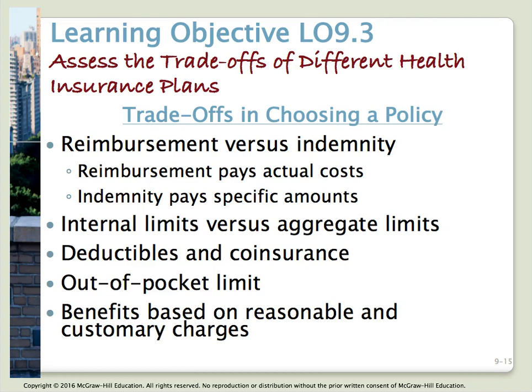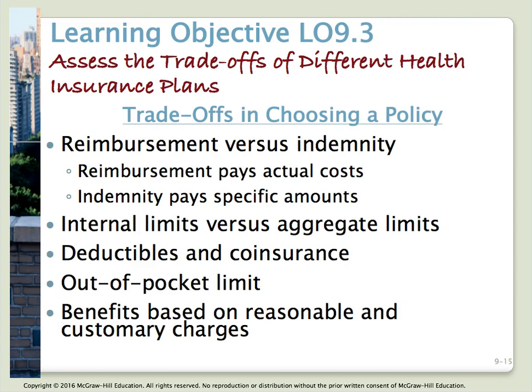Whether the policy has deductibles or co-insurance. So a deductible is just that. It's how much you have to pay out of pocket before your insurance kicks in. With co-insurance, your policy will state what percentage of the medical expenses you have to pay in addition to the deductible amount. So make sure you know what your limits are on both of those.